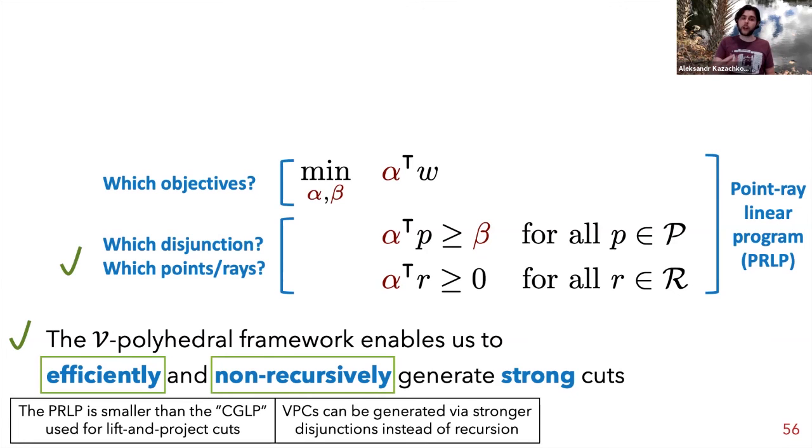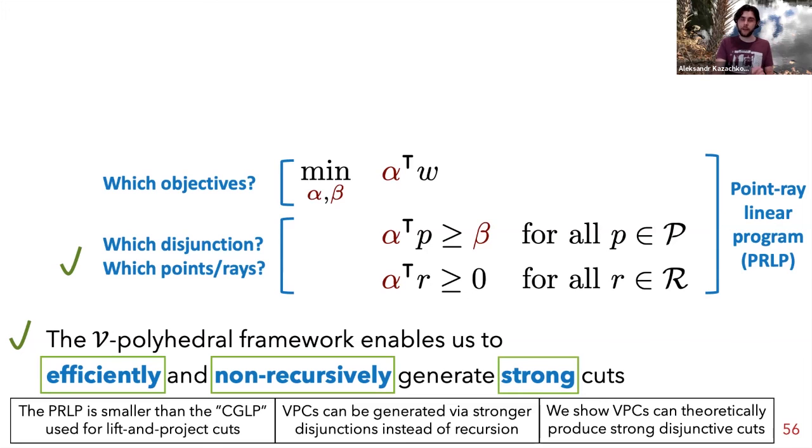Now, from the non-recursive point of view, this goes to the point of which disjunction we select. In this context, we can select stronger disjunctions rather than using a weaker disjunction, getting weaker cuts and recursing. And the idea is that by not using new cuts to generate future cuts, we can avoid numerical issues.